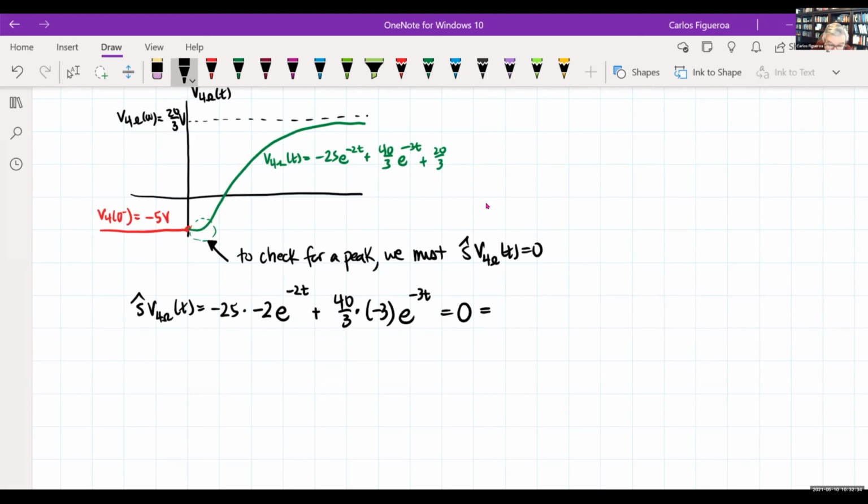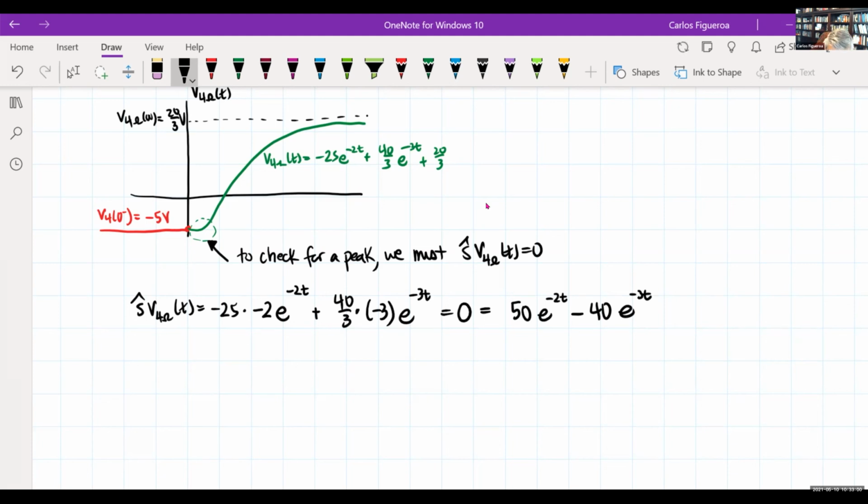So then this guy here should be 50 e to the minus 2t. And then this guy right here should be, or is it minus 40 e to the minus 3t? And then we could isolate terms here.